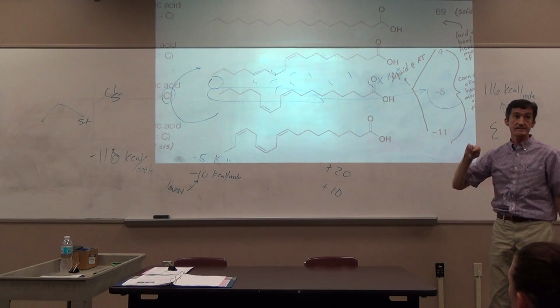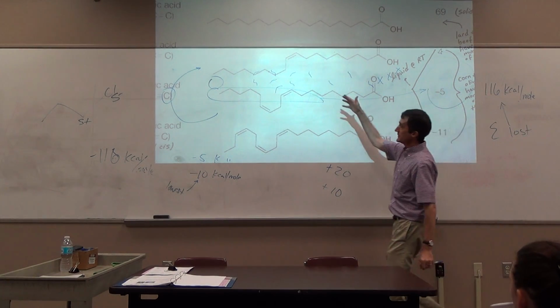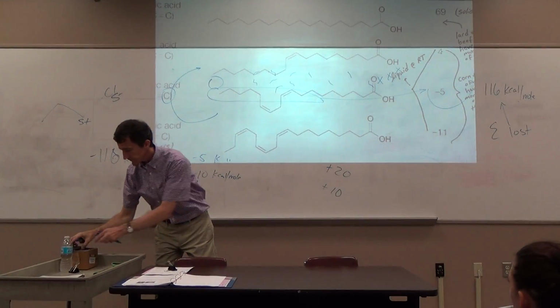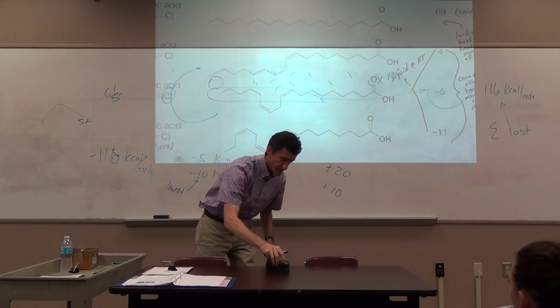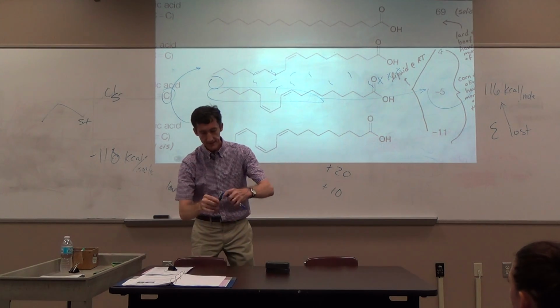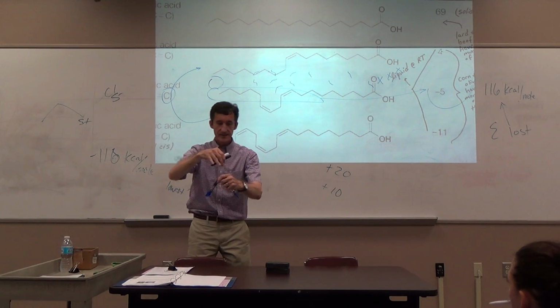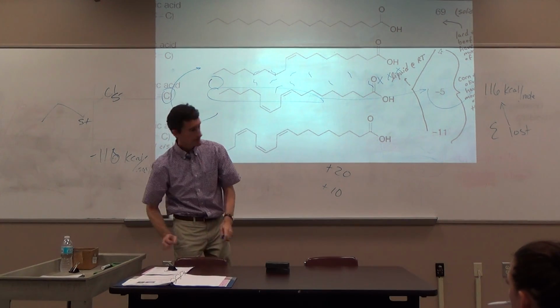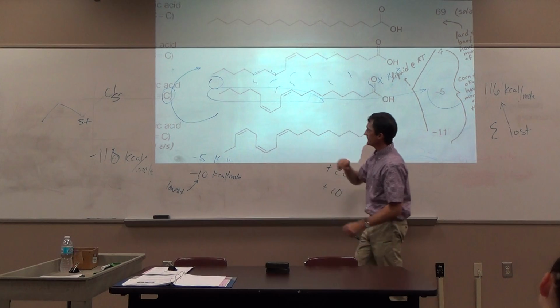Now that's also a cis double bond. It puts a kink in it. Okay? See, if they're all straight, they can just stack up, one on top of each other. I can stack 10 of these on top. All right? But if you got a big kink in it or something, you can't stack them as well. They're not going to come together and stack. And so the kink decreases the IMFs.